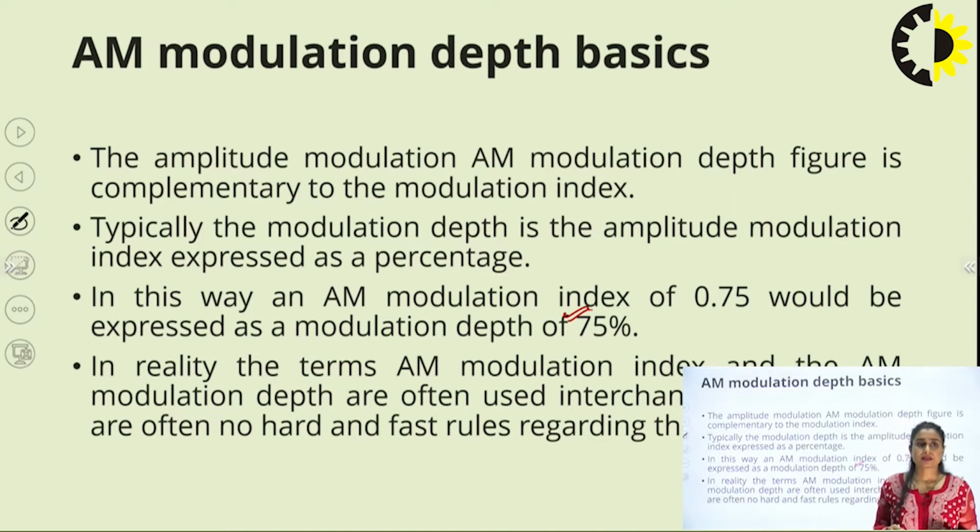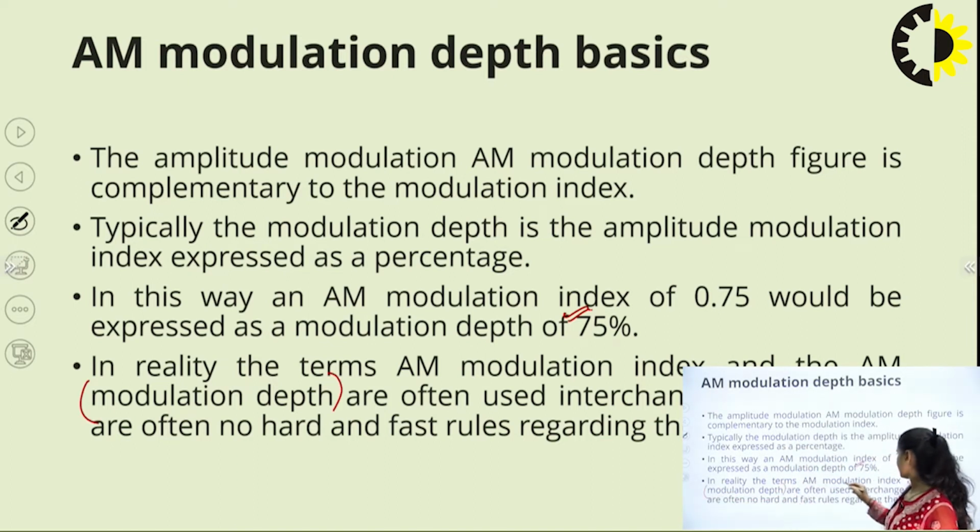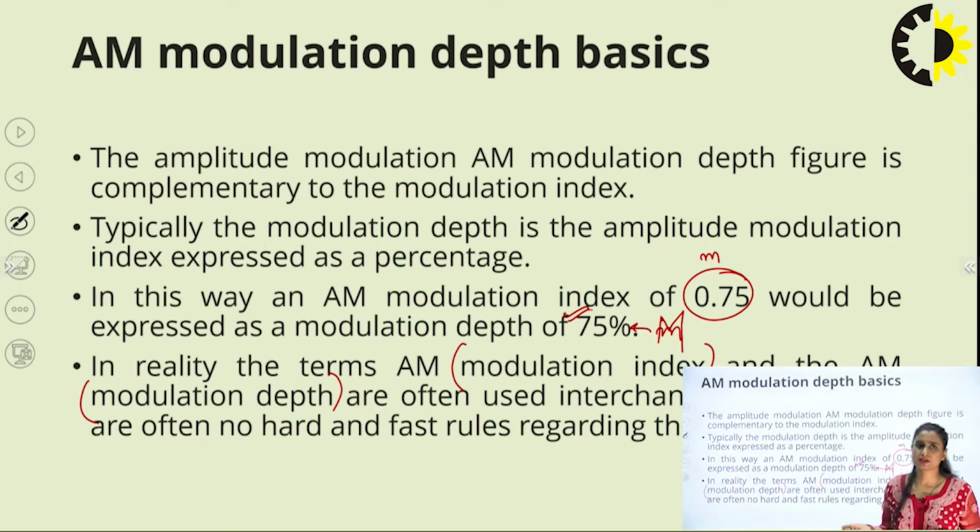In reality, the terms AM modulation index and AM modulation depth are often used interchangeably, so we can call it modulation depth or modulation index, right? When represented in decimal, we represent it by small m, and when represented in percentage, we usually denote it by capital M. It's just simple denotation.